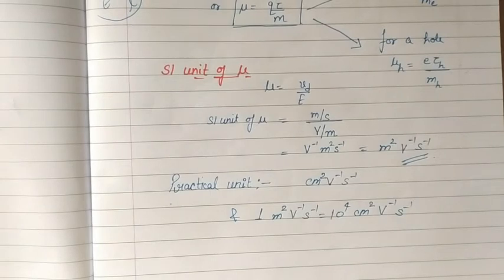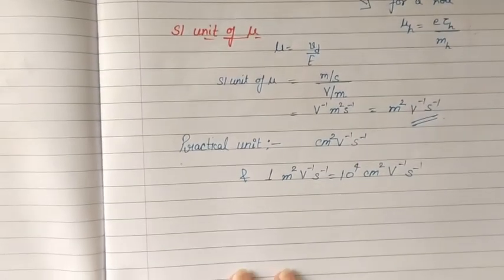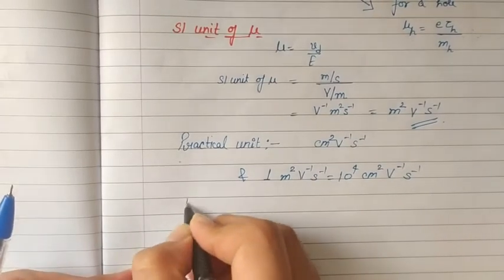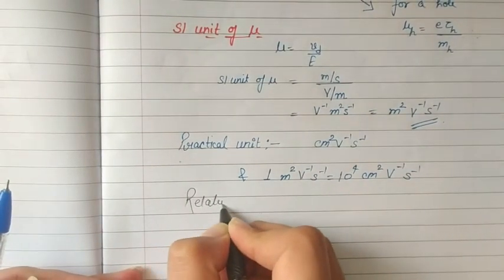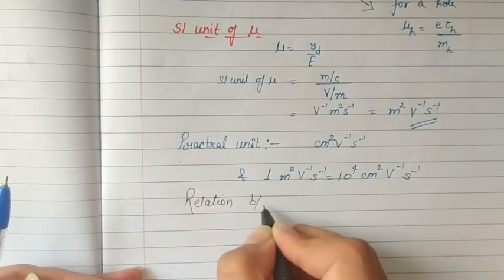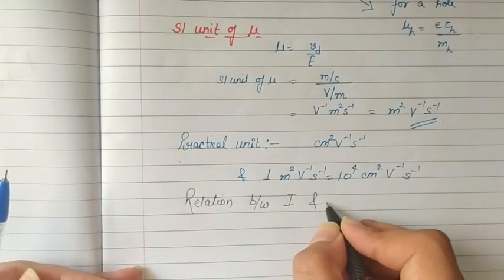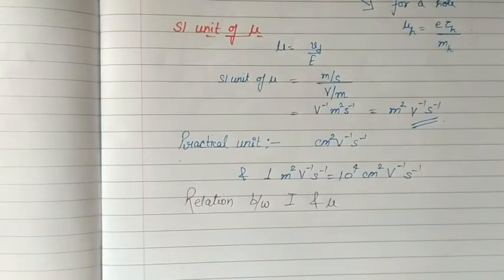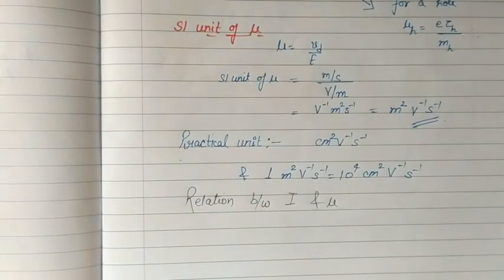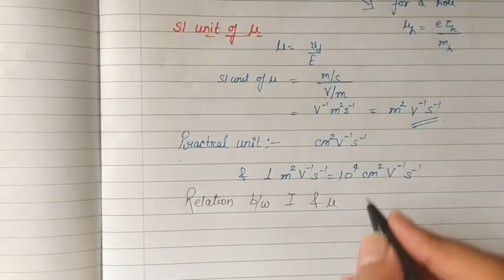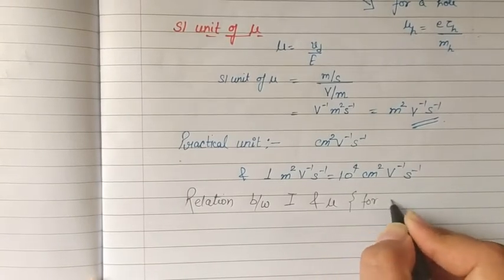Now we can also calculate the relation between electric current and mobility of the conductor. What we want to calculate is the relation between electric current, that is I, and mobility of a conductor mu.